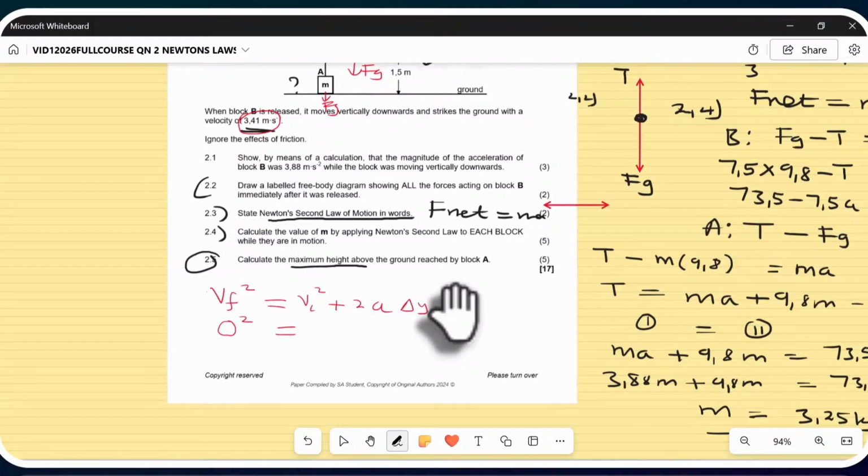Now here I'm going to have 9,8. And because it's going upwards, and I chose up as positive, it is negative here.